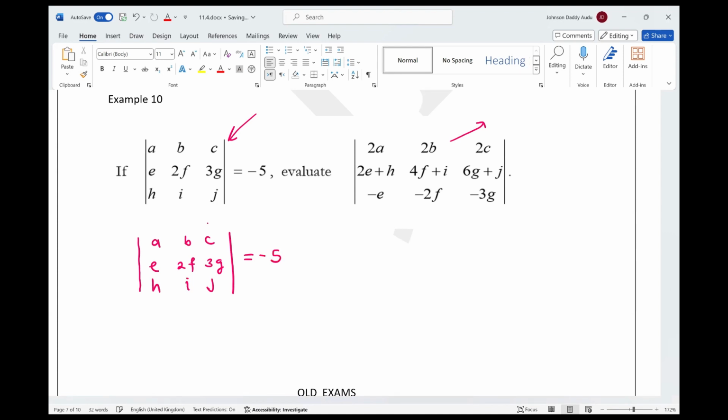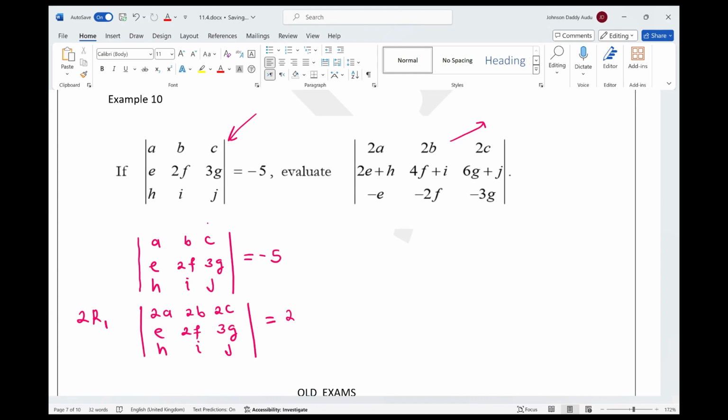So if I want to get this, my goal is to target this one. I can see that I can multiply row 1 by 2. So if I multiply row 1 by 2, here will become 2A, 2B, 2C, then E, 2F, 3G, H, I, J. And that means I have to multiply this determinant by 2.